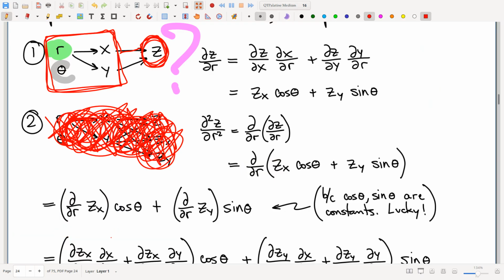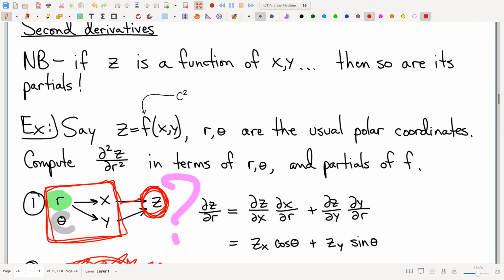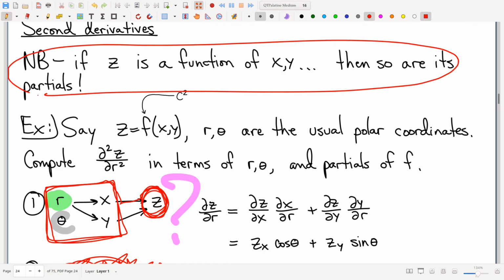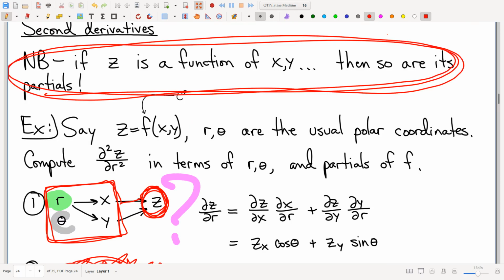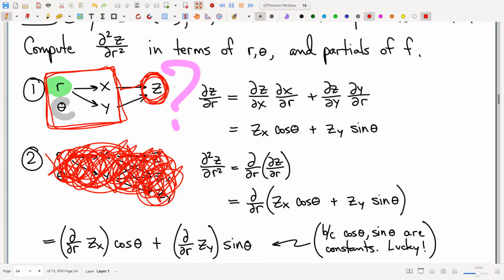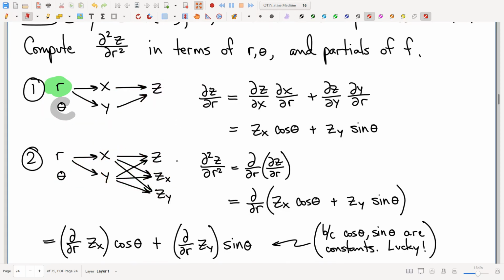Here's the big reveal, right? I claimed that just recognizing that the partials Zx and Zy are also functions of X and Y, no problem, add it to the diagram. I'm literally just recognizing that Zx and Zy are also functions of X and Y, supplementing my diagram accordingly.